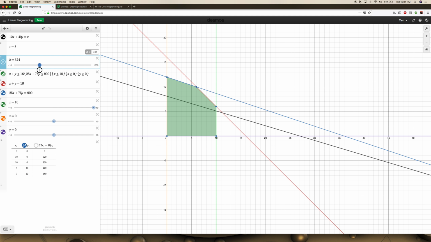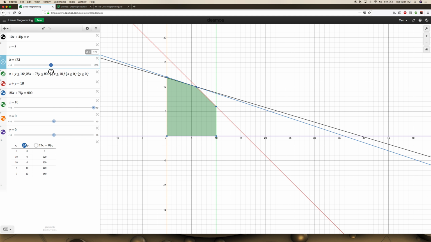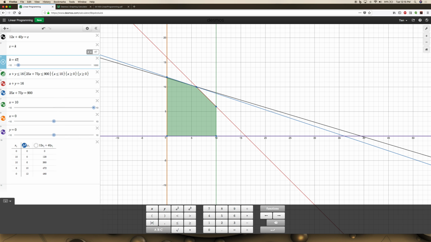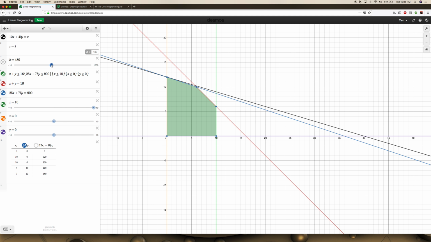It goes through 10, 0, and then 10, 6, and then 6, 10, and finally, boom, right there. It's hard to see visually. 472 is there, and then boom, at 480 it hits that point, right? And so that just kind of verifies what we already know, is that 0, 12, 0 goats, 12 pigs is the optimal solution.